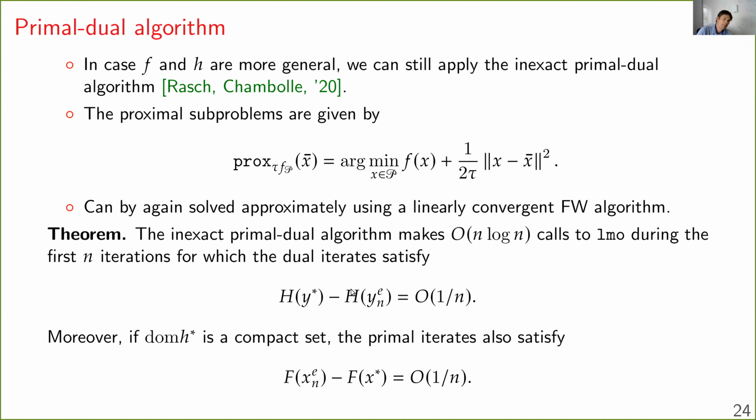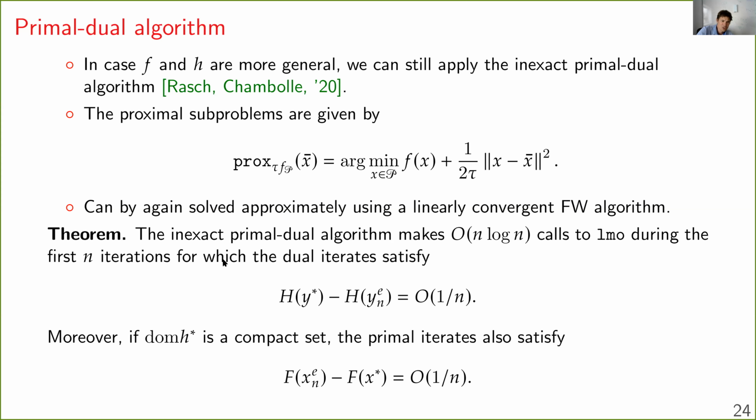We have also considered a more general class of inexact primal-dual algorithms, where the functions f and h can be more general, so they're not restricted to quadratic functions and linear constraints. In this case, we can still apply the inexact primal-dual algorithm of Jalal Fadili and Antonin Chambolle, and the proximal subproblems that appear in these inexact primal-dual algorithms are solved up to accuracy epsilon, again with linearly convergent Frank-Wolfe algorithms.